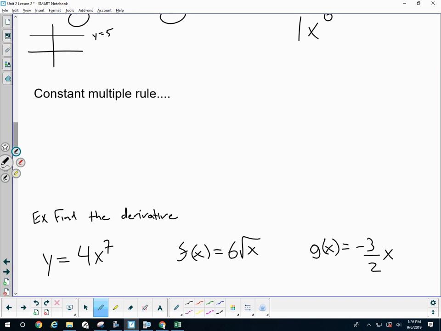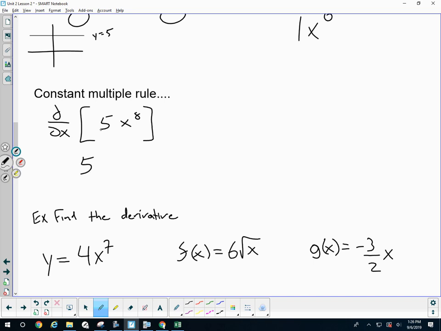Probably the question many people are thinking is, what if I have something in front of x to a power, like 4 times x to the 7th? Well, it may seem obvious, but it is an important rule. Let's say I have 5x to the 8th, and I'm trying to find its tangent slope generator. Constant multiple rule says you can leave the constant alone.